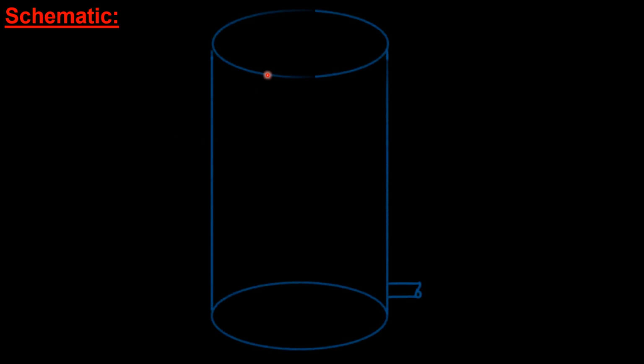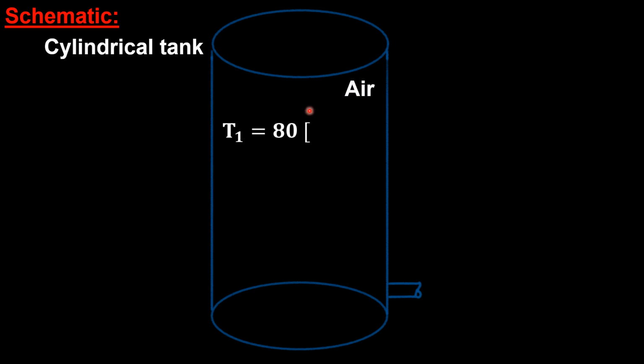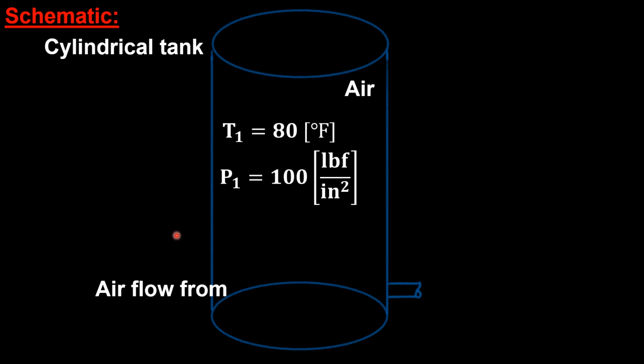It's very good practice to draw and sketch your problem. It helps you visualize what is given, what you need to find, and the approach that you can use to solve this problem. So here let's draw this cylindrical tank which has air inside it, and at state 1, or at 0 seconds, we have these two properties, the temperature and the pressure.